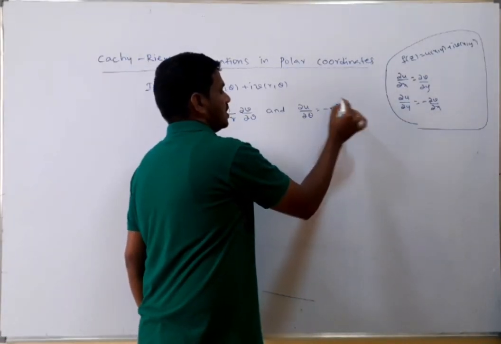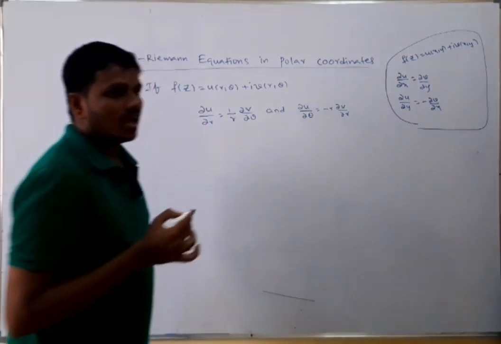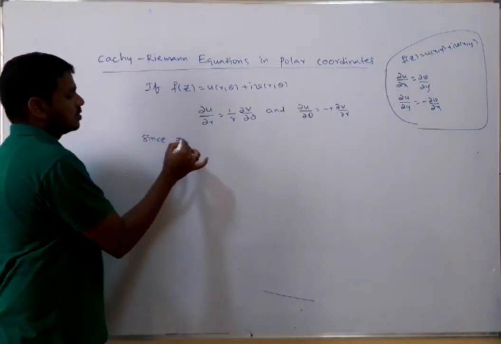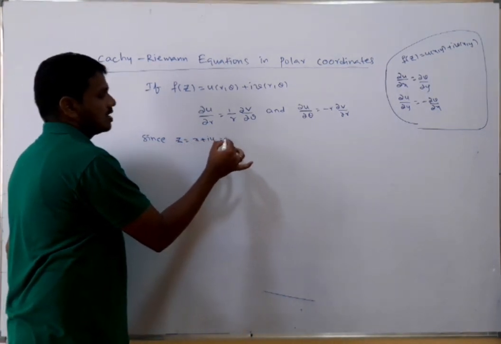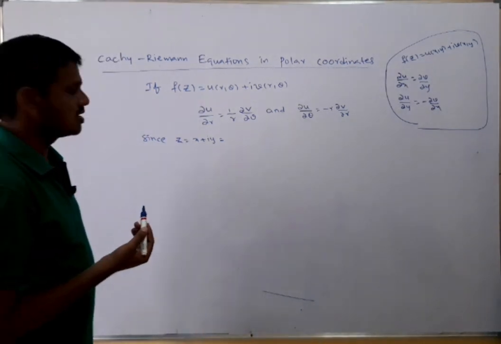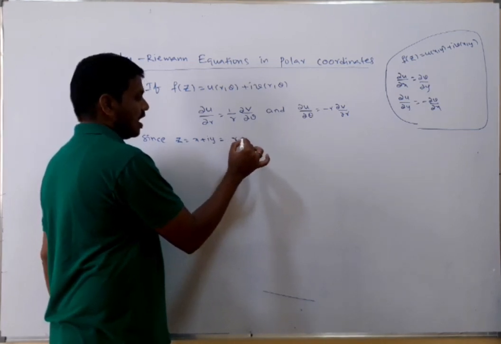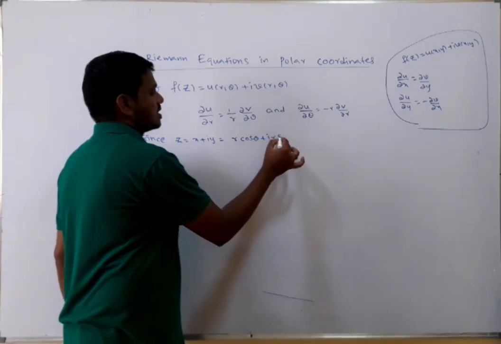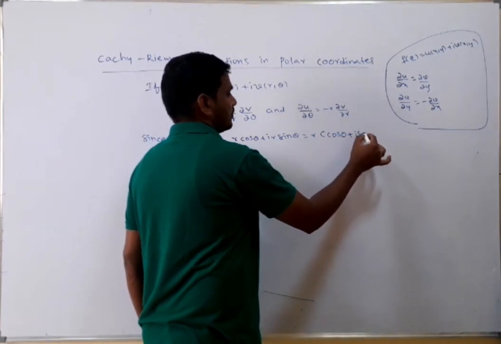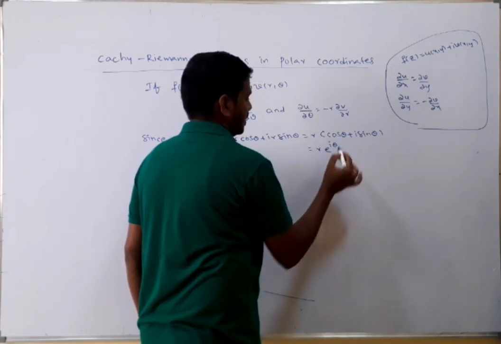So in order to prove the CR equations in polar form, first you should take the analytic function in r and θ. Since z is equal to x plus iy, to convert the representation of a complex number into polar form, we take x equal to r cos θ, y equal to r sin θ. So x plus iy is r cos θ plus i r sin θ, which is the same as r (cos θ plus i sin θ), which is r into e to the power of iθ.